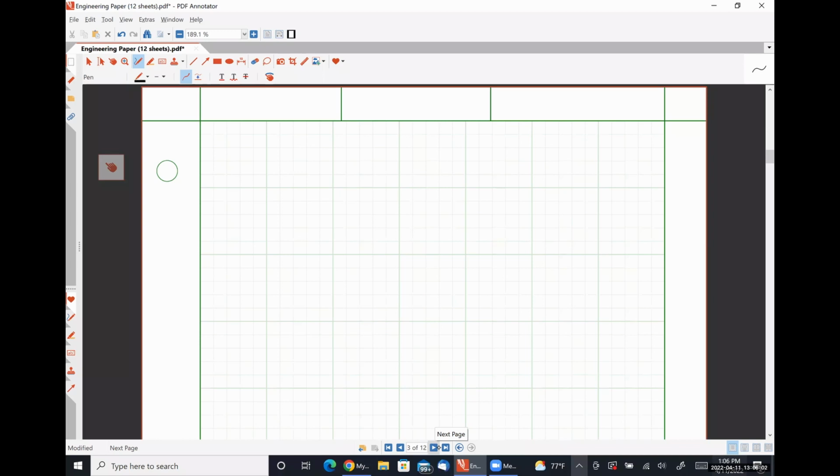Okay. So let's start with the frequency response of a common source amplifier.